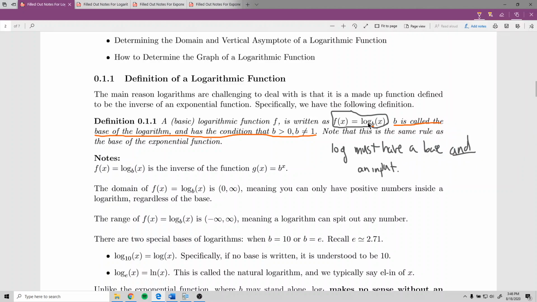You have to have log with a base and also something inside. We'll actually see when we look at the calculator problems that if you type in just log without an input, it won't give you anything. It'll read it as an error.